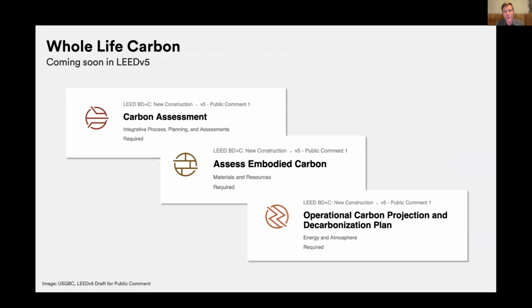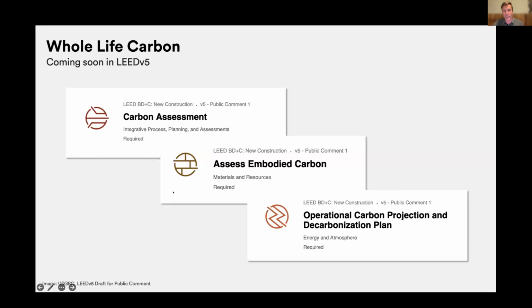About a month ago, maybe a little more at this point, the USGBC and GBCI released the public comment draft of LEED v5. LEED v5 includes numerous credits related to whole life carbon. So there's, as one of the integrated process credits, a carbon assessment that includes carbon sources across the building life cycle.